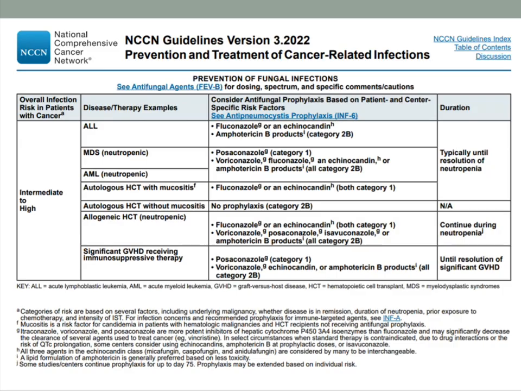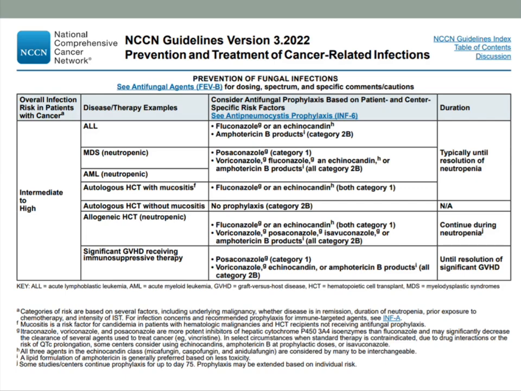So the NCCN does put out guidelines for prevention of fungal infections in cancer patients. It breaks it down very nicely by the type of disease they have, and gives you different recommendations for prophylaxis as well as the grade. For myelodysplastic syndrome or acute myeloid leukemia, in patients who expect prolonged severe neutropenia, posaconazole or the other mold-active triazoles are considered acceptable options.